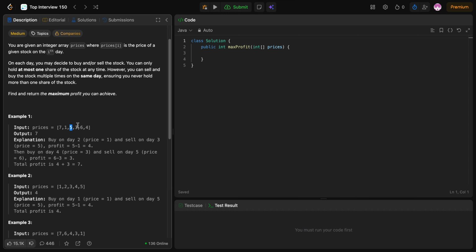And then again, as soon as you get to a price that's lower, you buy the stock. Or you can also just buy the stock here. And then again, when you get to a price that's higher, you sell the stock. So it's kind of a loop of buying a stock on a certain day and then keep on going.